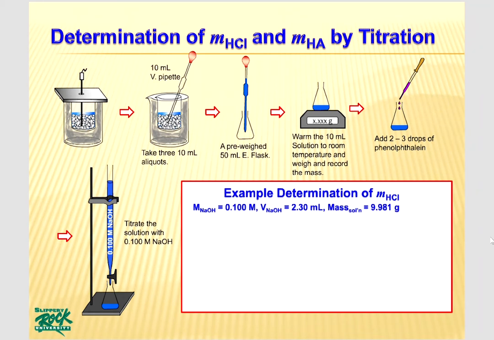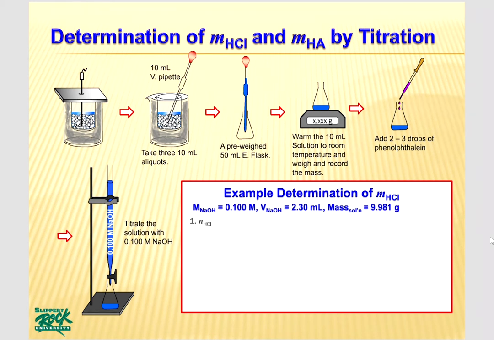The dispensed volume of NaOH solution is 2.30 milliliters, and the mass of solution is 9.981 grams. Be aware that you should use the actual concentration of NaOH solution that was determined by the previous standardization step. However, in this demonstration, I assume the concentration of NaOH to be 0.100 molar.